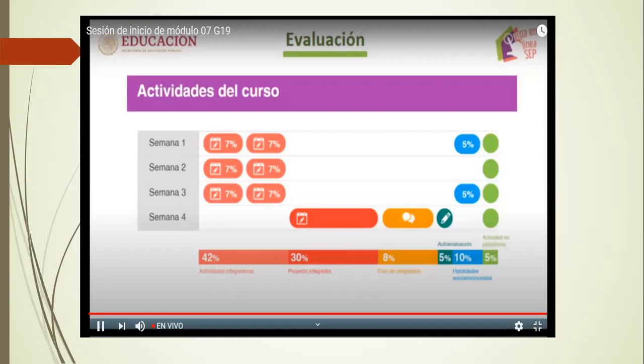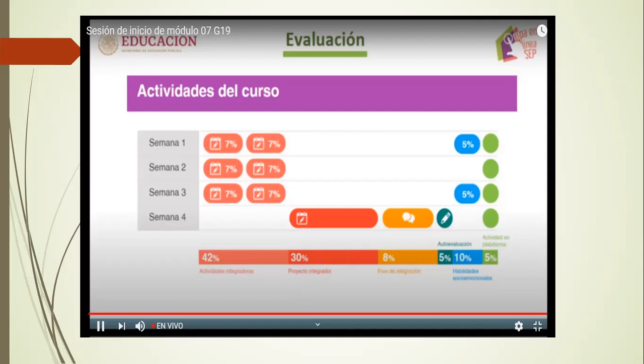And also we have, maybe you cannot see the letters very clearly, but you can see the colors, that the integrating activities, the ones that we have first, carry 42% of your grade.